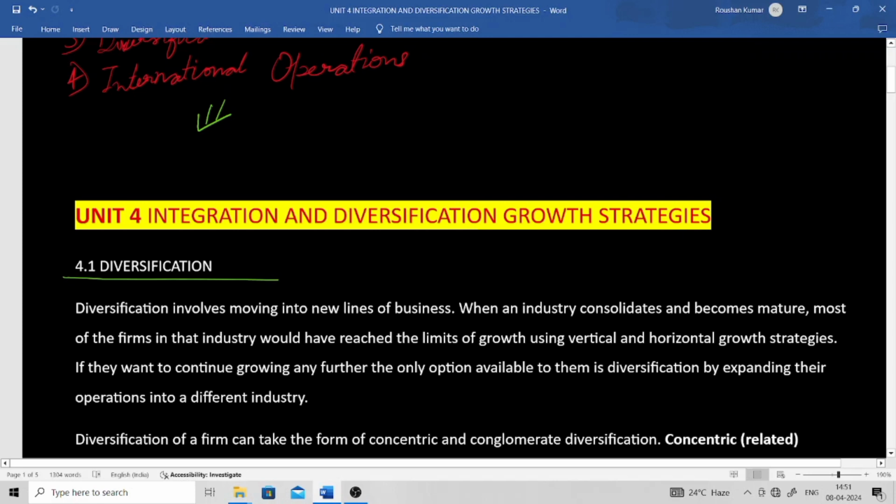So that's why they then use diversification strategies for growth.